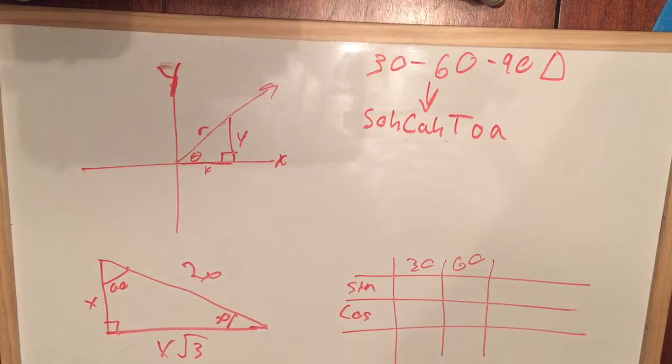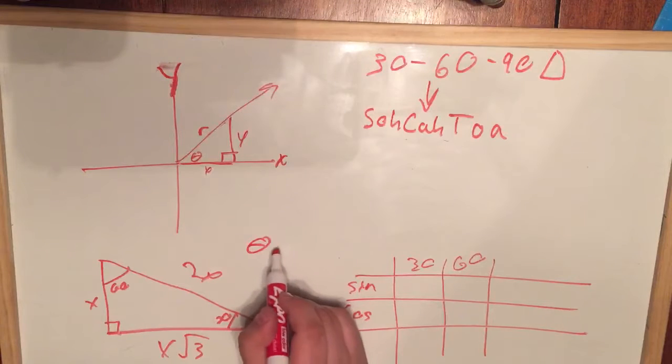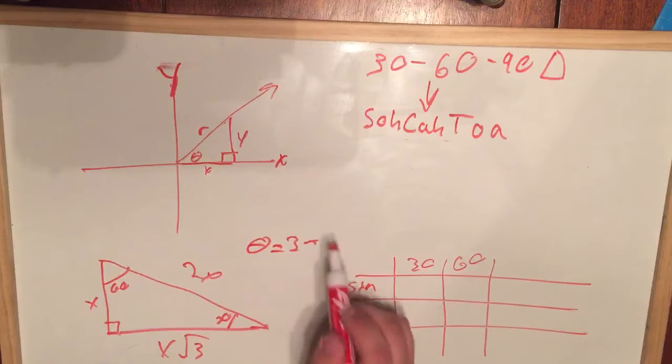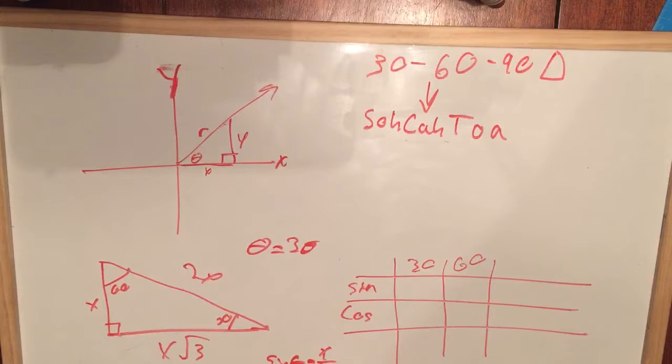So now we're going to be doing the sine, which is the opposite over the hypotenuse. Sine of theta, meaning 30. I'm just going to do theta right now equals 30, but not insert the value of 30, because that's just going to take up too much time. Sine of theta equals the opposite, x, over the hypotenuse, 2x.